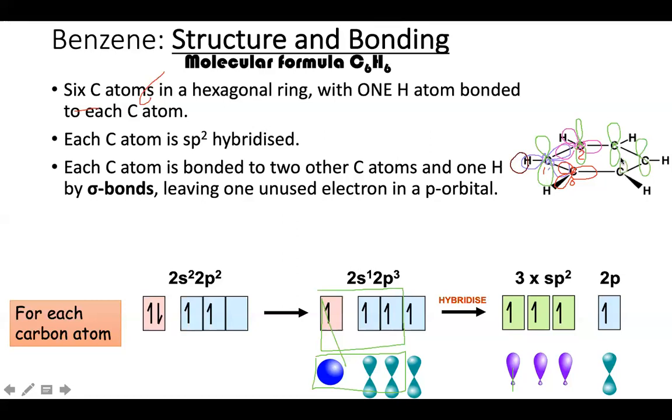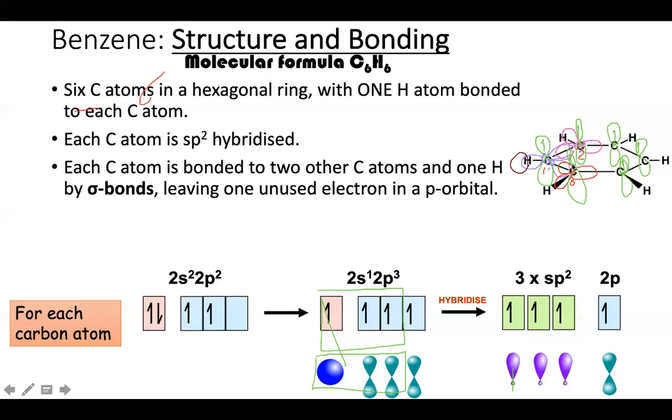Oops. Okay, I'm just going to draw it. And in this p orbital, there is 1 electron per carbon. This electron in the p orbital is the one involved in the formation of a pi bond.